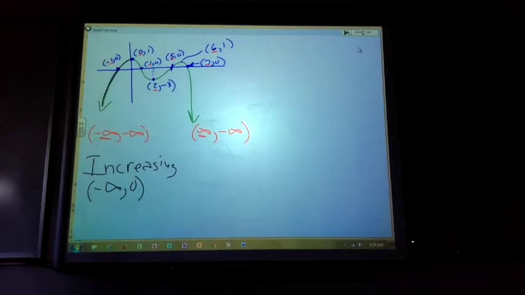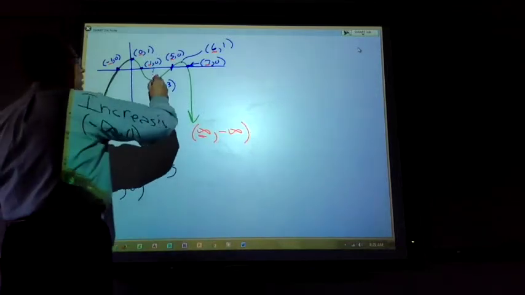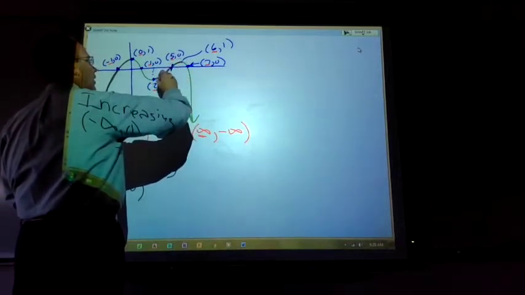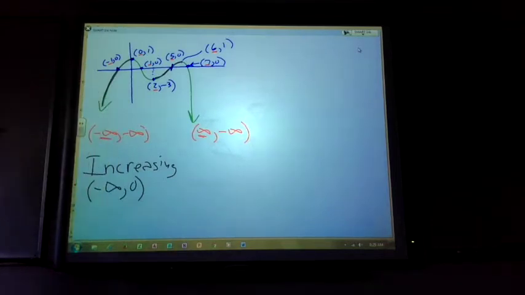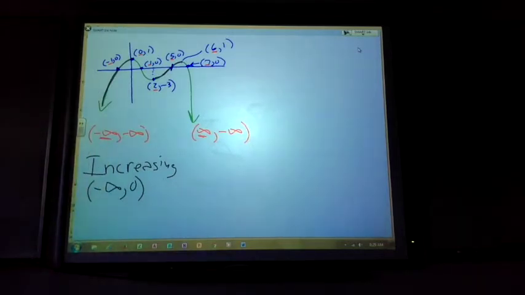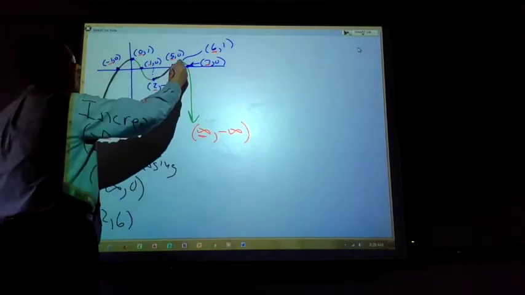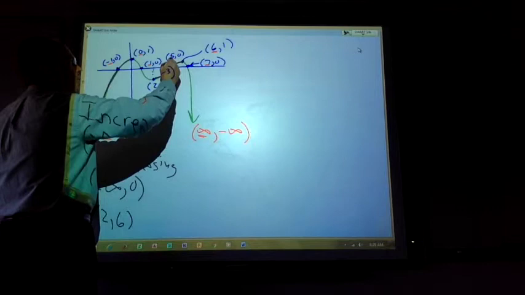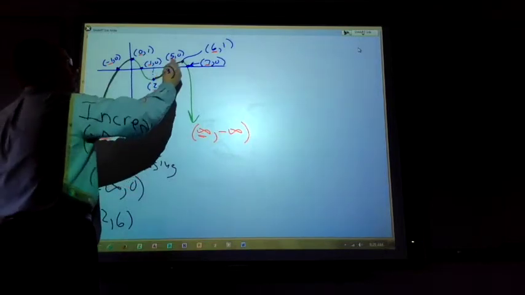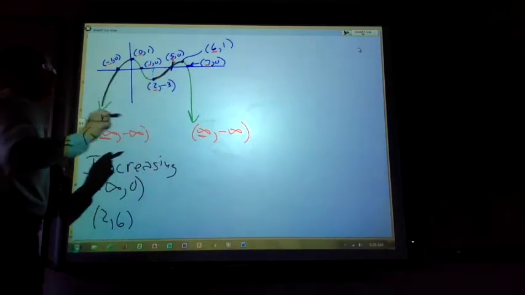Again, we're only looking at the x portion. Is it increasing here as well? Yes. So what interval, using the x only, is it increasing? 2 to 6. Because this is the point 6, 1. This is the point 5, 0. So it's increasing here. Does that make sense?